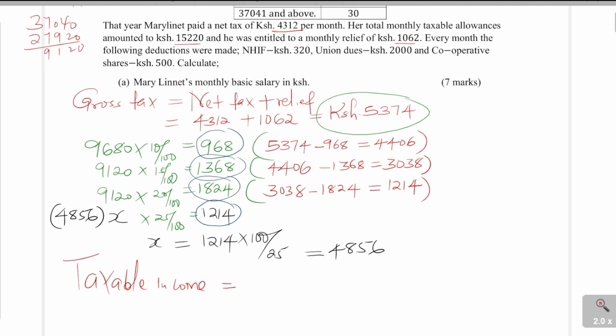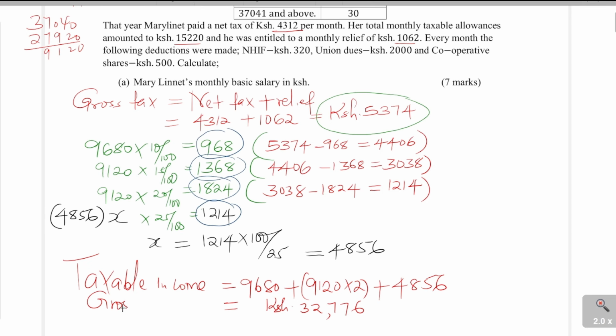So 9680 plus 9120, there are 2, so you multiply by 2, then plus 4856. When you work it out, that will give 32,776. That is the taxable income, what we call the gross income.